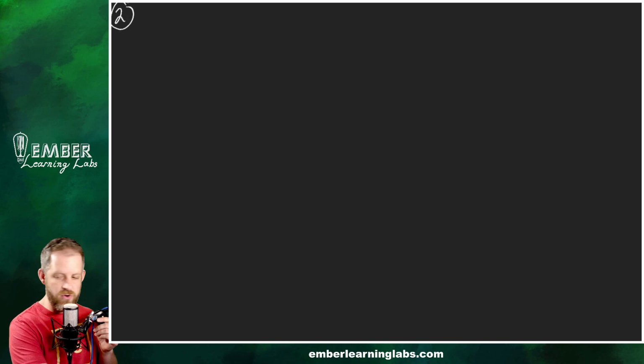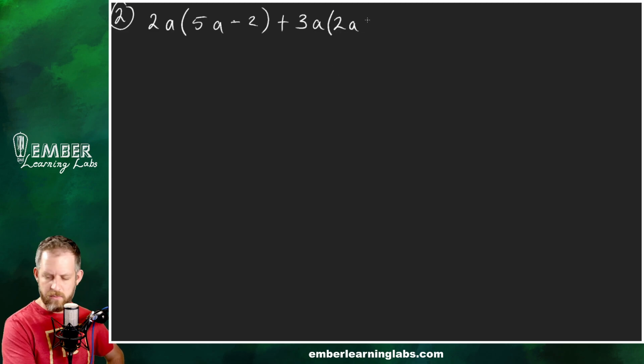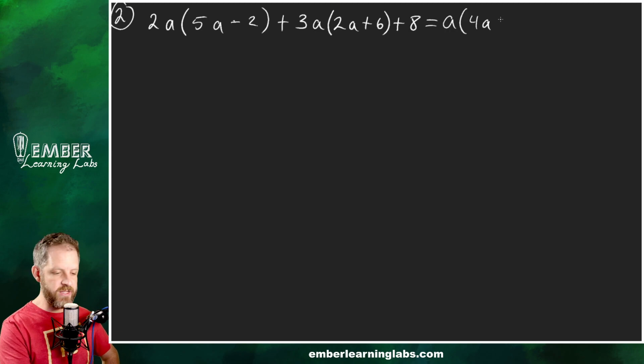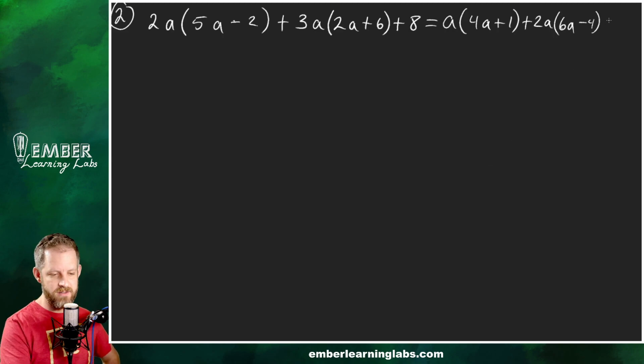So example number 2 is 2a times 5a minus 2, close parentheses, plus 3a times 2a plus 6, close parentheses, plus 8 equals, it's an equation, a times 4a plus 1, close parentheses, plus 2a times 6a minus 4, close parentheses, plus 50.